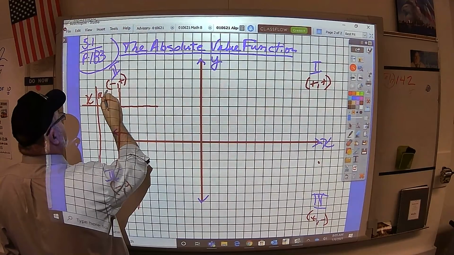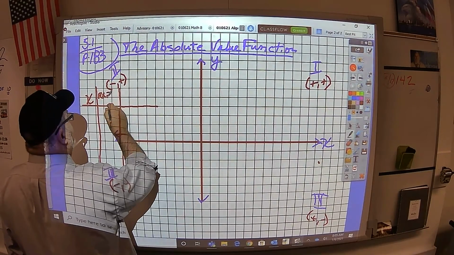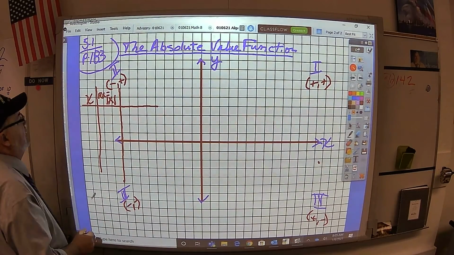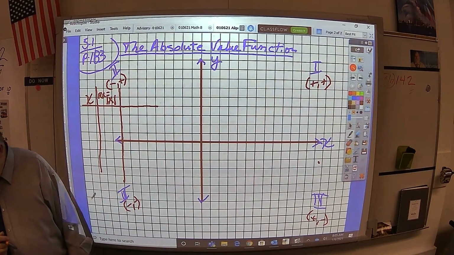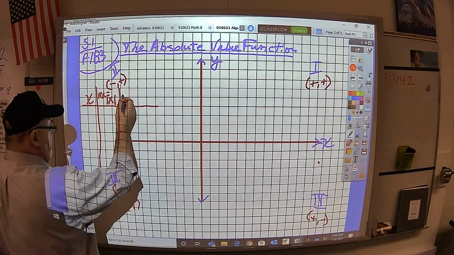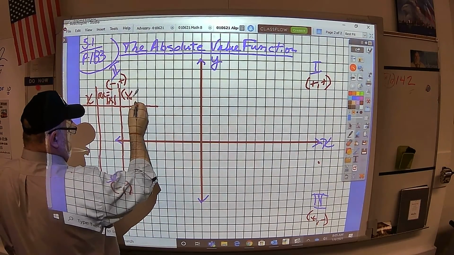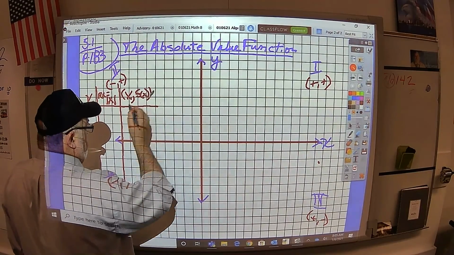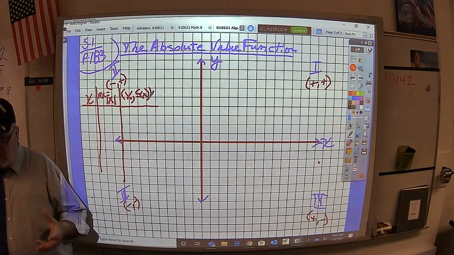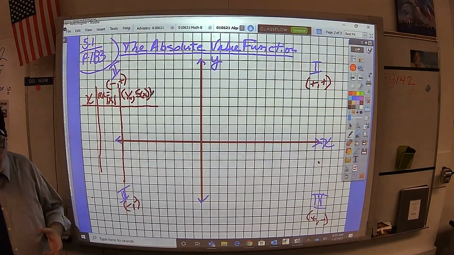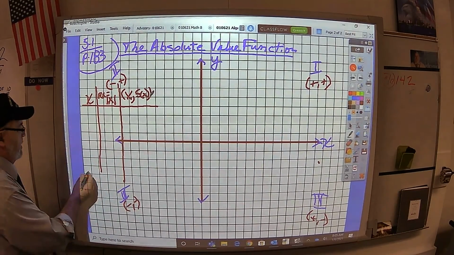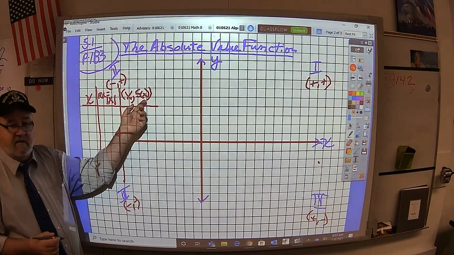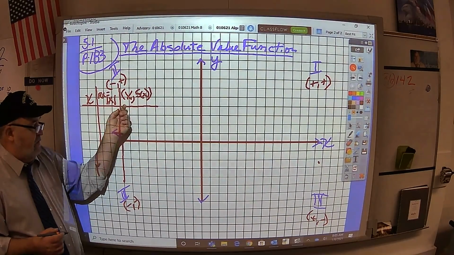F sub x, which we know as y, equals the absolute value of x, and then what coordinate that's going to give us. Remember, and this may be difficult for you to grab onto and get used to, f sub x is the same thing as y. So that's our coordinate now.